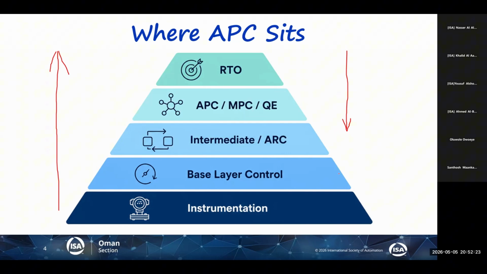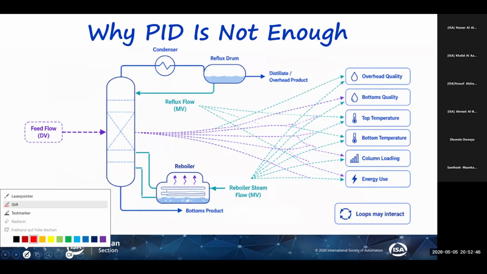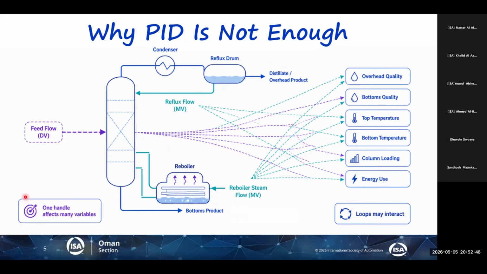So why do we have advanced process control when we have the PID controller? We have the base layer control. This is what Omar mentioned yesterday, to be honest. It was the distillation column, and there are loops here which interact. The reflux over here, they will have a flow controller. Reflux, a pump.